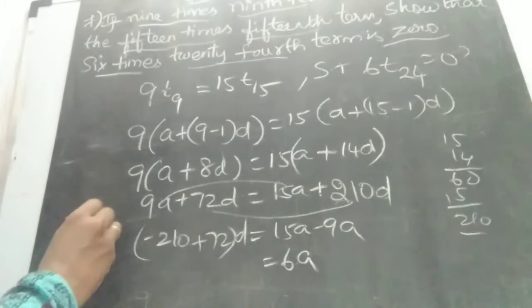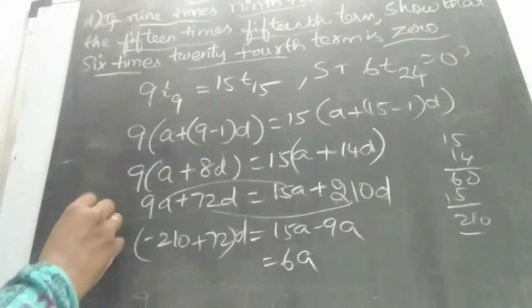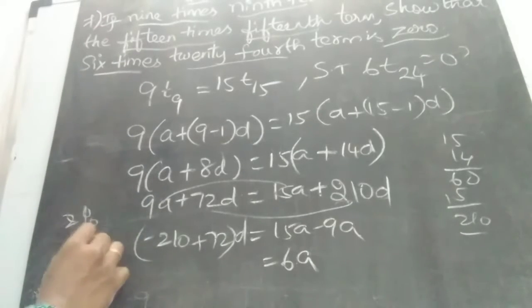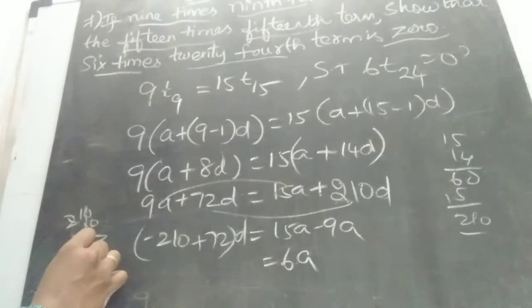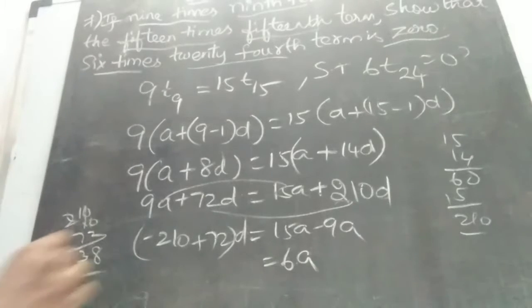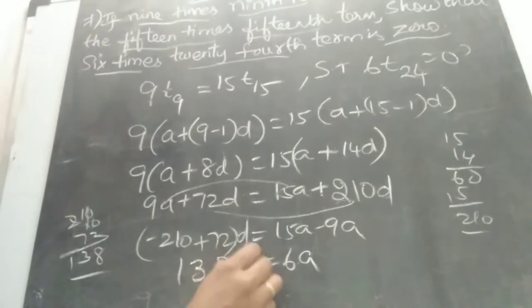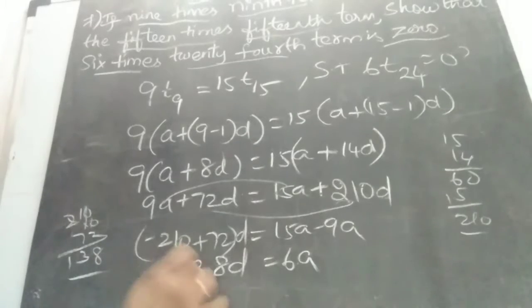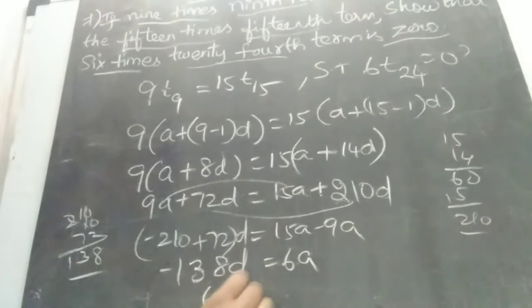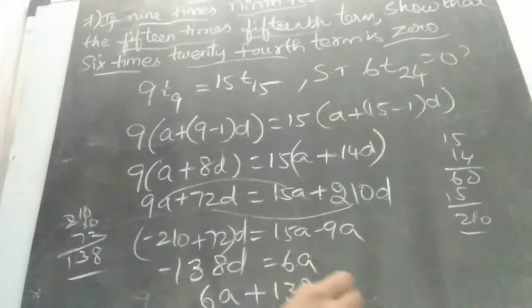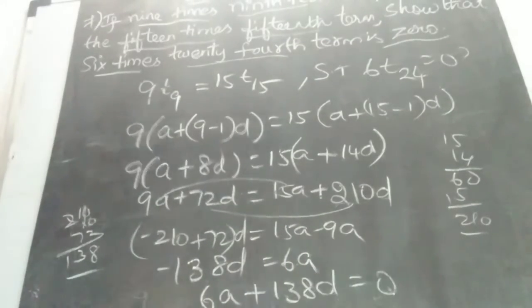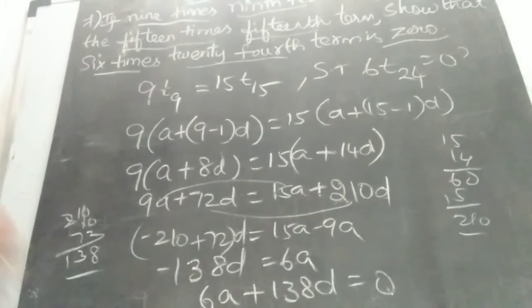Here 210 and 72, subtract: you get 138 times D. The minus sign is there, so it is 6A plus 138D, which is equal to 0. Take 6 outside.